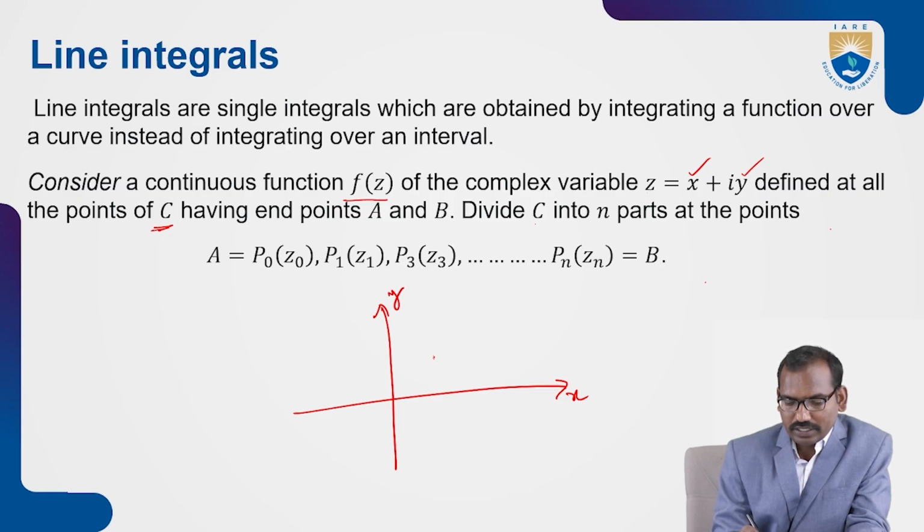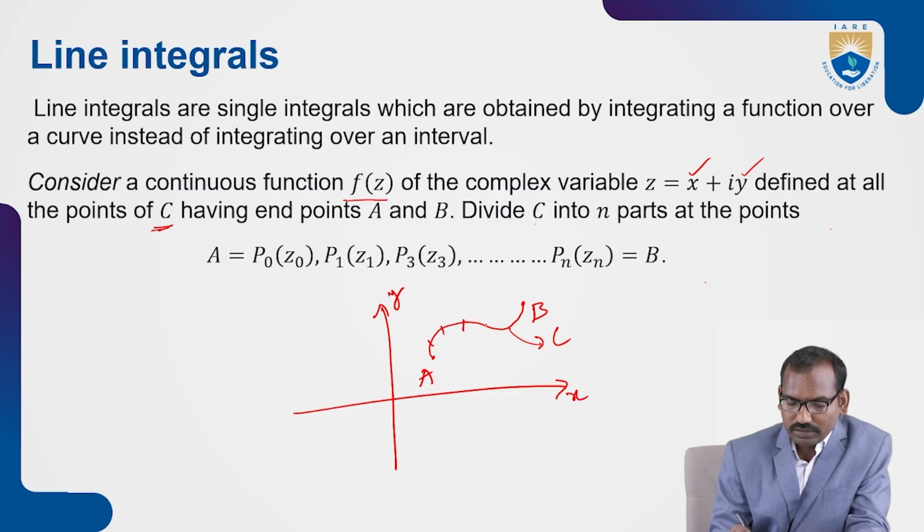And we are taking a curve whose endpoints are A and B. So this is one endpoint, another endpoint is B. Here I am going to take the curve in this form. This is the curve C. So we are dividing the curve C into how many parts?